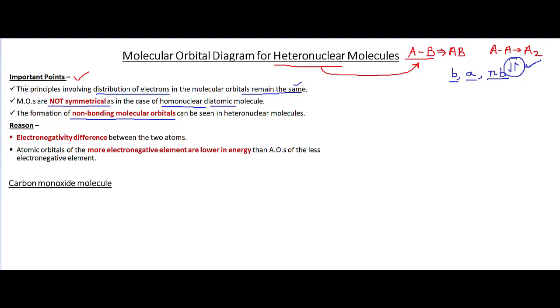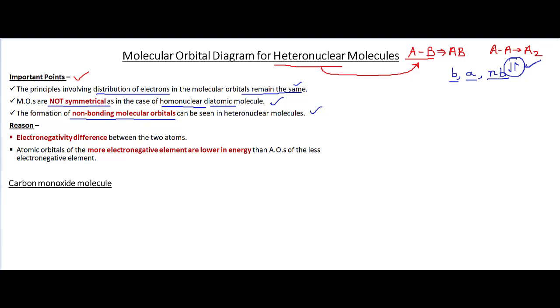So these are the important points. First of all, the diagram will not be symmetrical as we had seen for homonuclear diatomic molecules, and secondly there will be the presence of non-bonding molecular orbitals. These two points are very important. And what is the reason for these two differences?